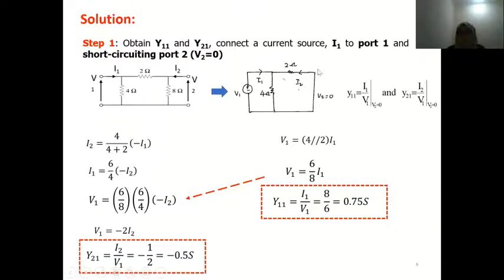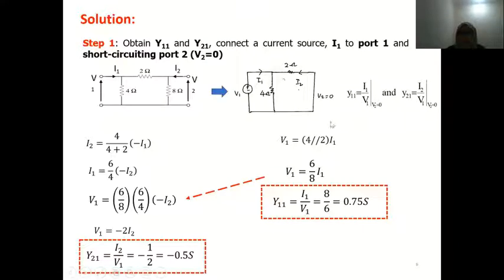So what you have is only this circuit. From here, you will get your Y11, which is equivalent to I1 divided by V1, and Y21, which is equivalent to I2 divided by V1.